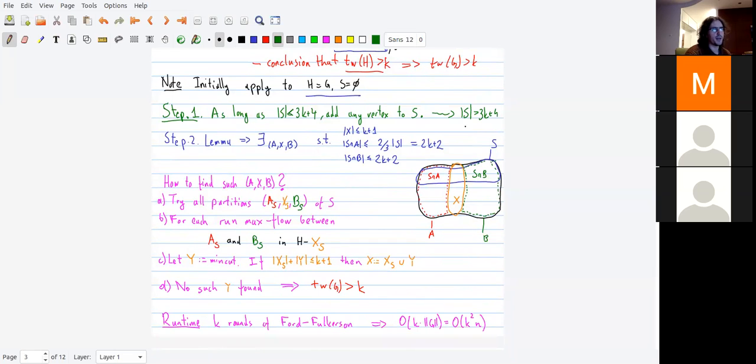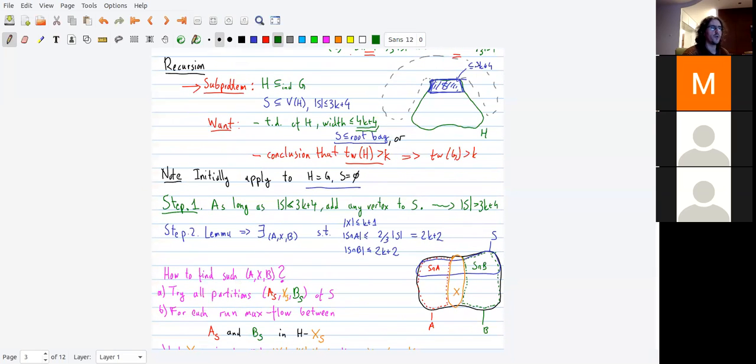Good. So now we are at the case that is drawn in this picture, where we've got this set S of size exactly 3k plus 4. I would like to decompose this graph. So what does the lemma tell us? The lemma tells us that I can break this S using a balanced separation.